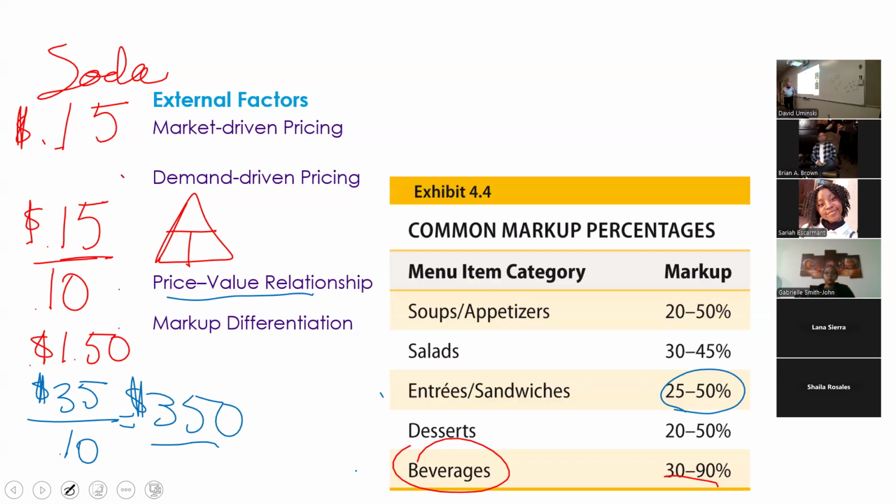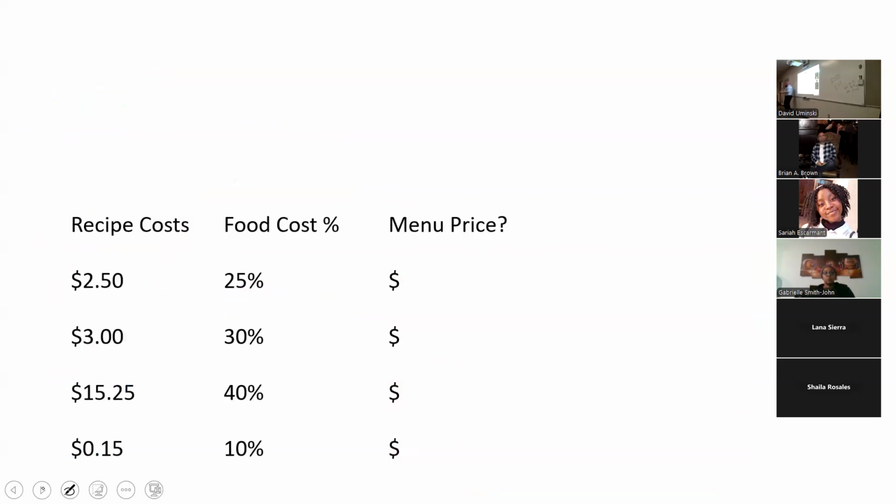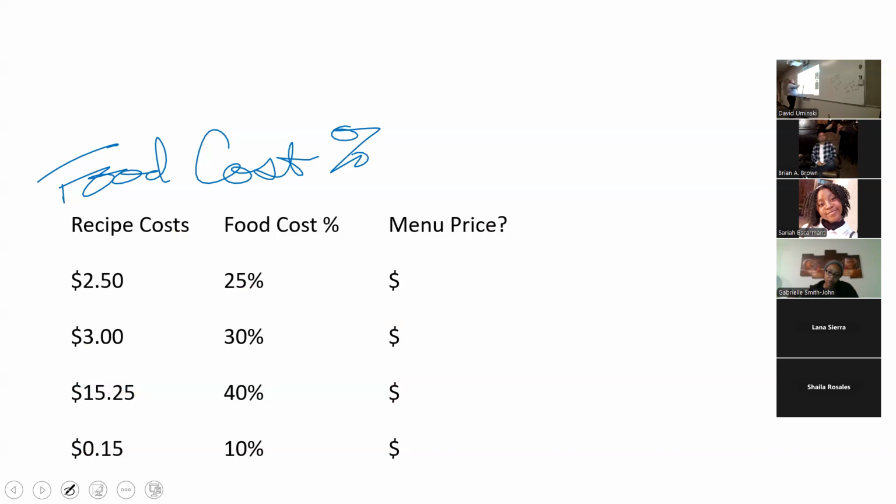Okay. Questions about these four external factors. So now we have four methods in order to price our menus. The first one is the food cost percentage. We're not going to do a whole lot of this because we've already done a lot of practice.